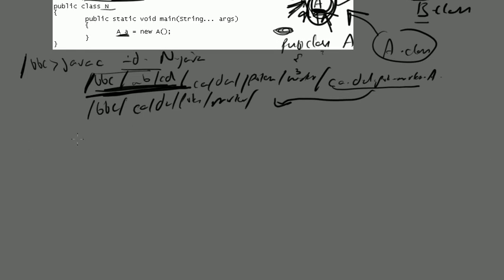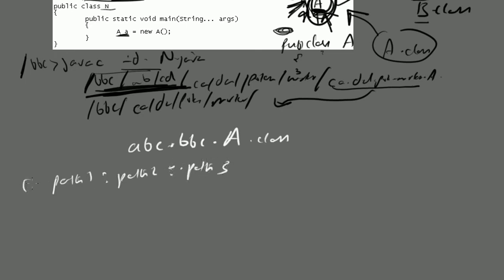So finally, just to finalize this, say the fully qualified name of a class is abc.bbc.a dot class, and say your class path is path 1, path 2, path 3.